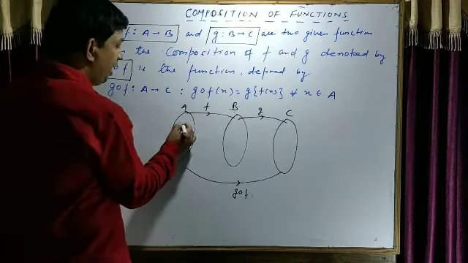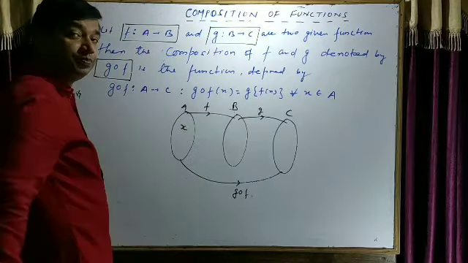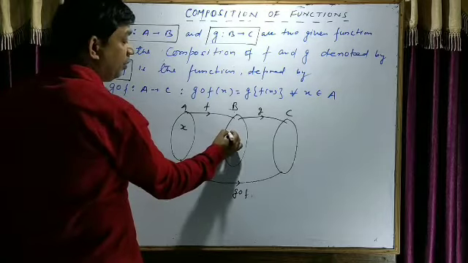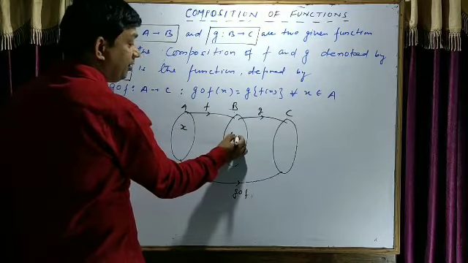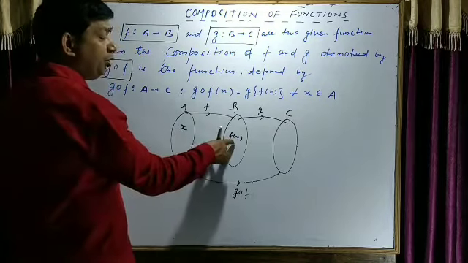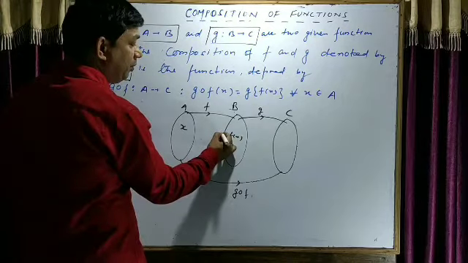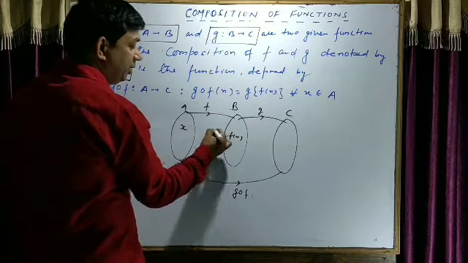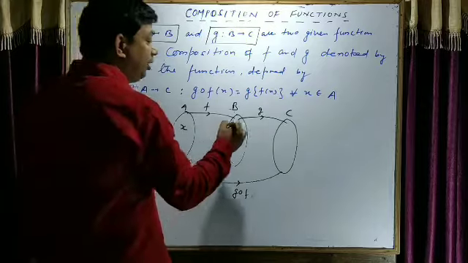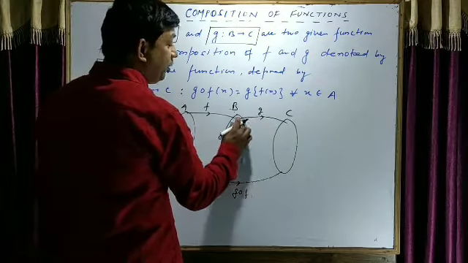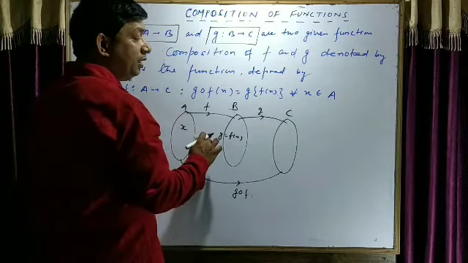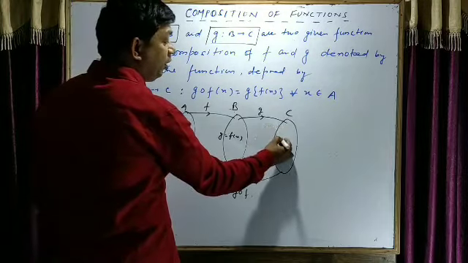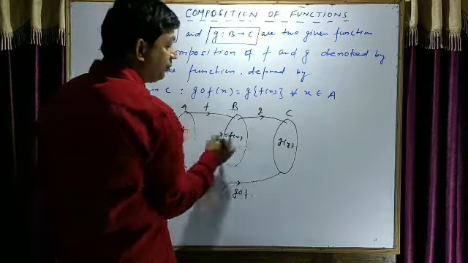See, if x belongs to this set, then f of x belongs to this set, which is denoted by y. Now y belongs to this set B, and this is called g of y.